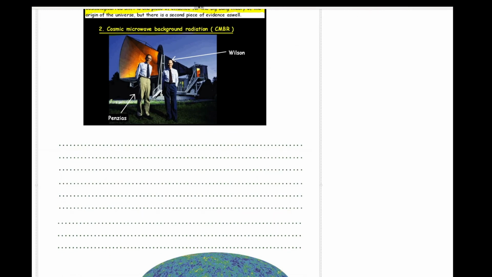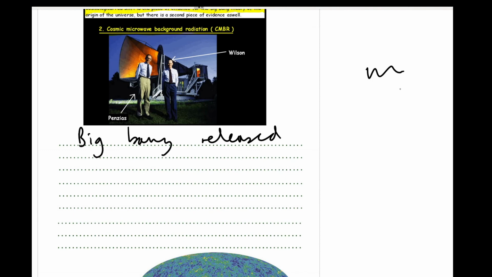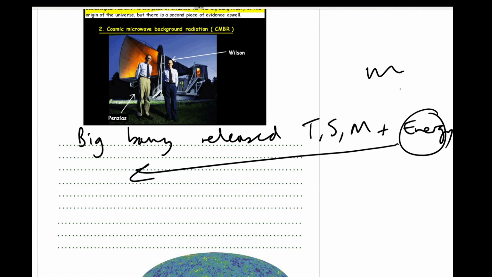Well, the Big Bang released time, space, matter, and energy into the universe. This energy was released as gamma waves, part of the electromagnetic spectrum, a very, very, very small wavelength.